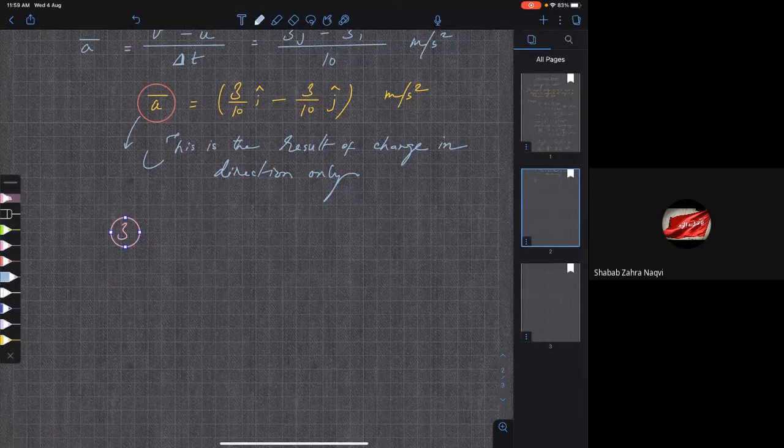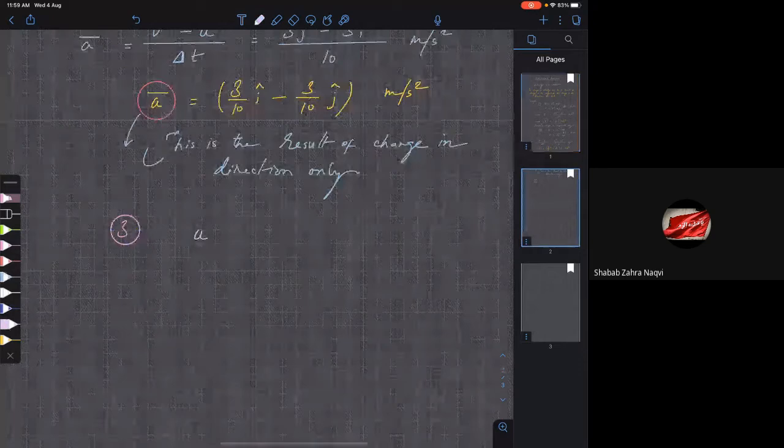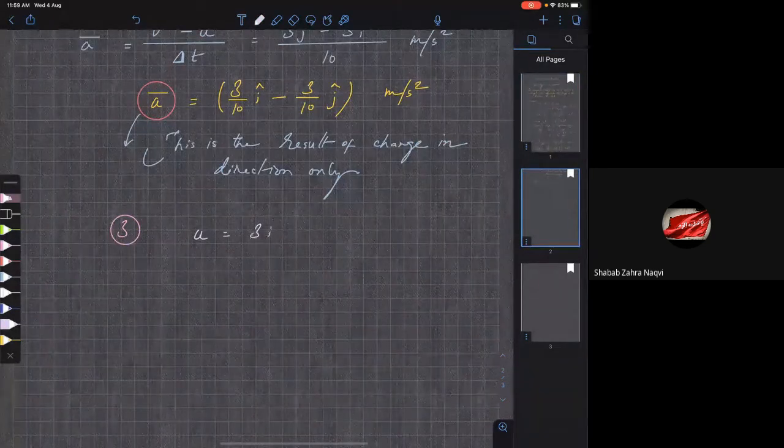So suppose u bar is 3 i cap and v bar is 5 j cap.